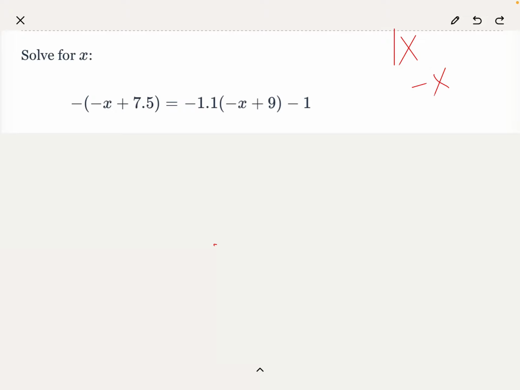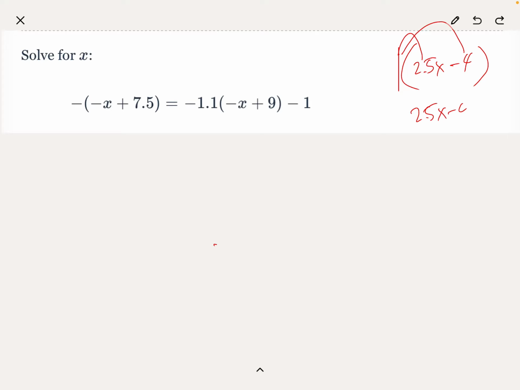The reason that I'm starting with that is it's the same thing for parentheses. If you have something like 5x minus 4 in parentheses and there's no number in front, the number is implied to be a 1, right? So if you wanted to get rid of the parentheses, you would multiply it times 1 and you just get what you started with.